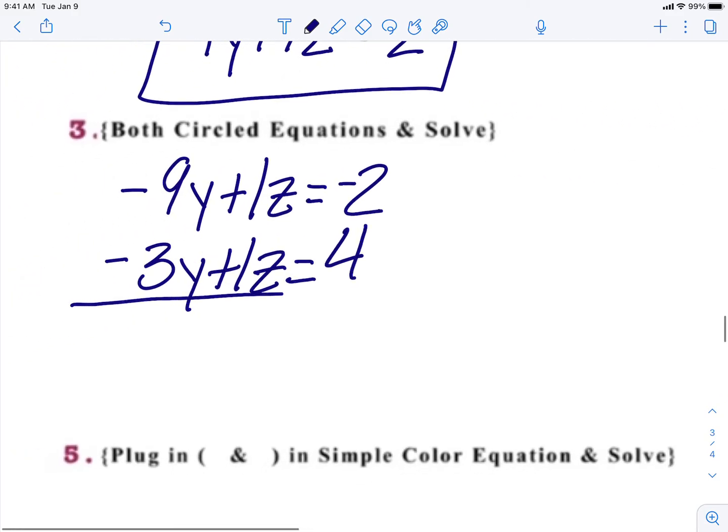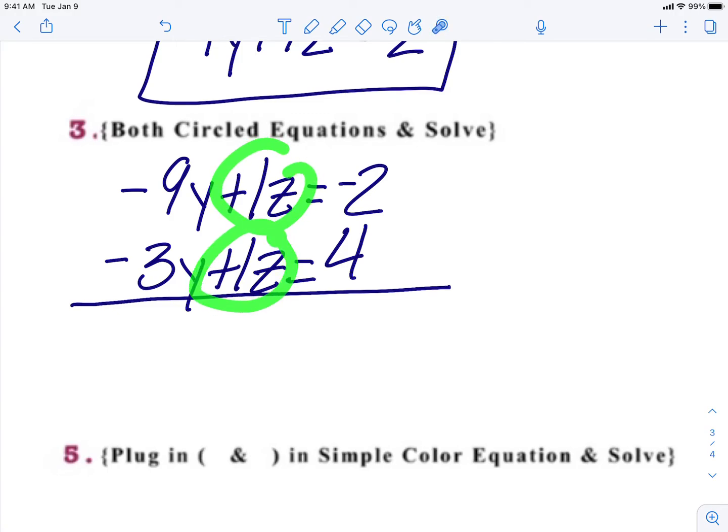Now I'm going to draw my line, and I'm going to cancel because look, 1z and 1z. Wait a minute. Darn it, they don't cancel. What the heck do I do? But wait a minute, if one of them was negative, like if this top one was a negative 1z, then I can cancel it with this positive 1z.